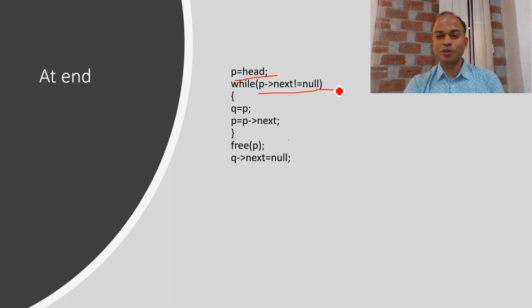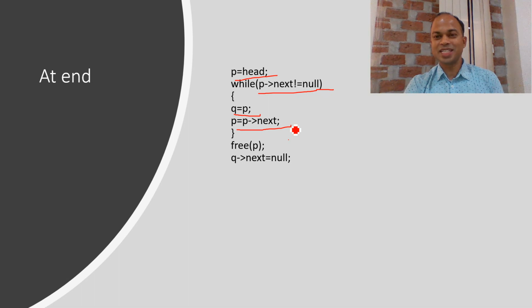If we talk about the address of the second last node, then we have to refer to the body of this loop. In the body of this loop, we have the statement Q equals P. Initially, P contains the address of the first node, so Q contains the address of the first node, and we are doing P equals P arrow next.